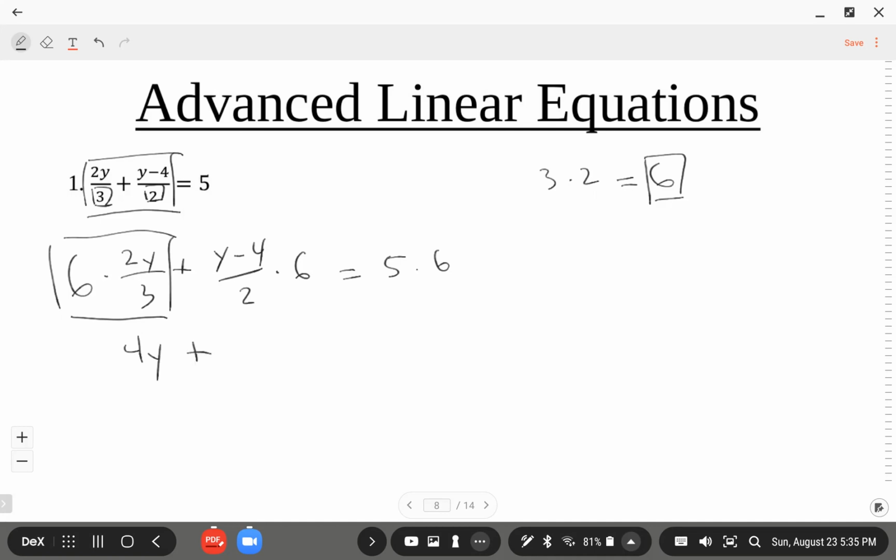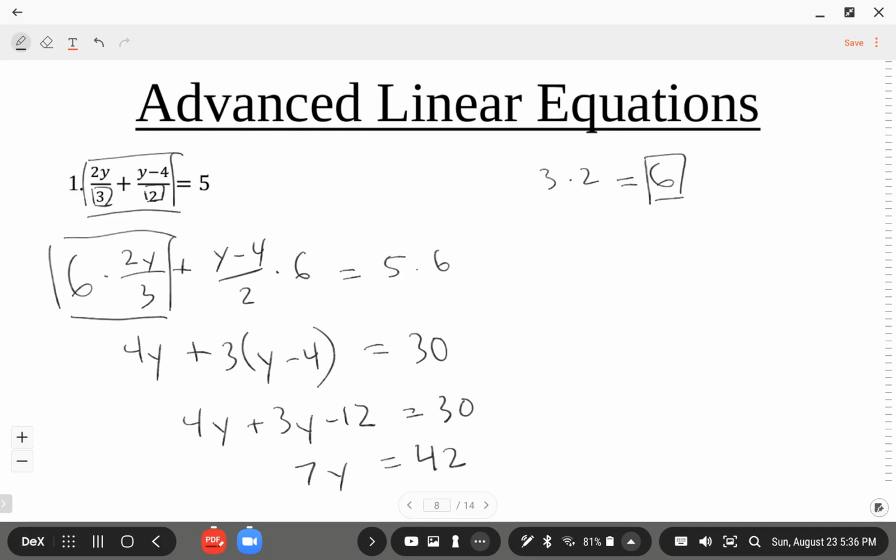And then we have 3 times the quantity of y minus 4, okay? And then that equals 30. Then the next stage, we need to unwrap these parentheses. Okay, next stage, let's simplify. So last we get y equals 42 divided by 7.